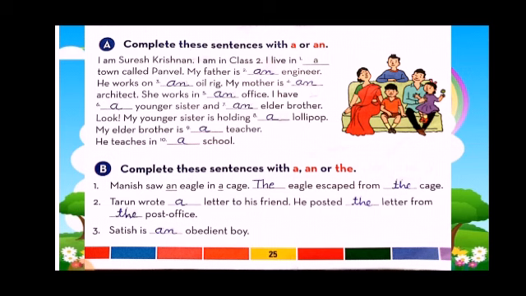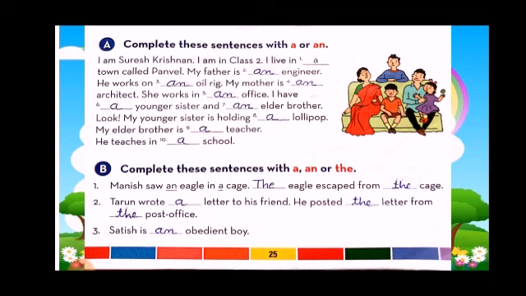My mother is an architect. Here the word architect begins with the vowel sound A, so we used article AN. She works in an office. Here the word office begins with vowel sound O, so we used article AN.